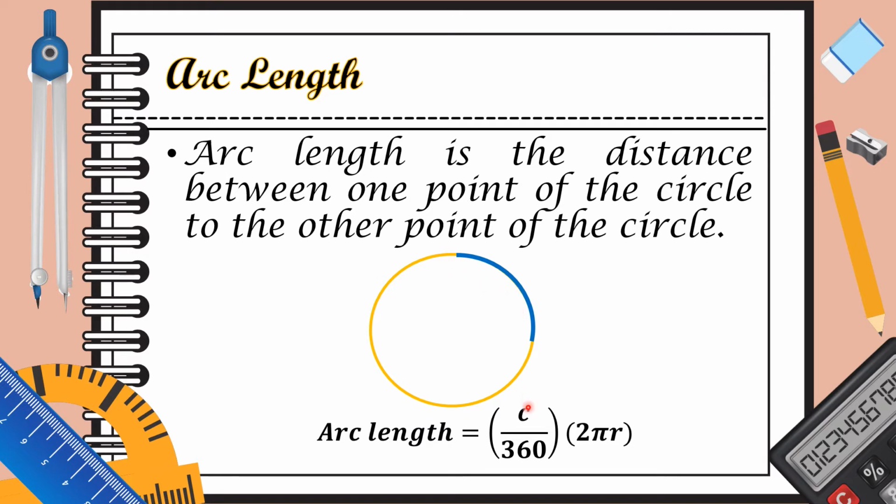So, dinidivide natin yung degree measure niya sa 360 para malaman natin kung ilang part ng circle yung ating arc, times yung formula for the circumference of the circle, which is 2 pi r.